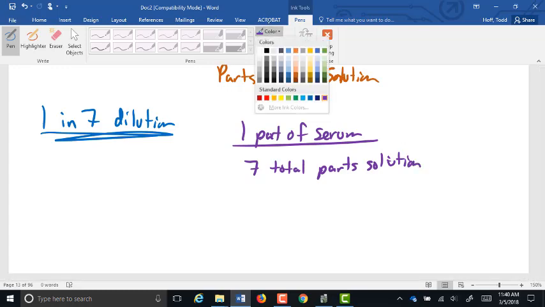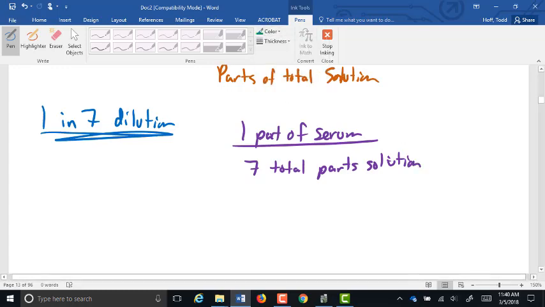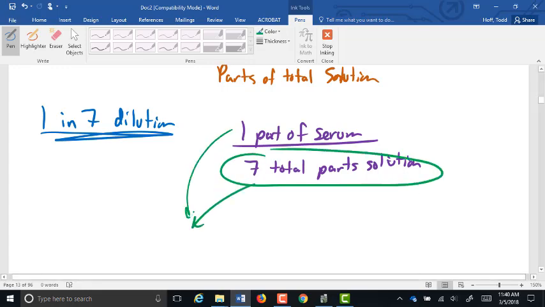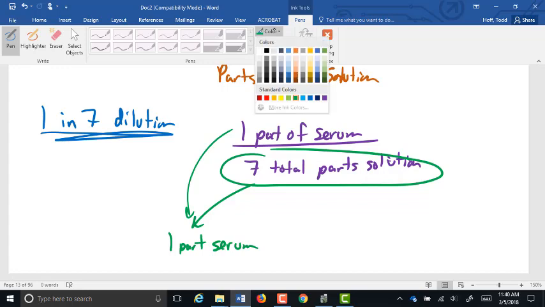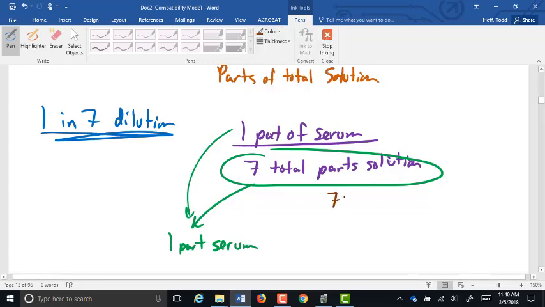So remember when we talked about our ratios earlier, we said a lot of these ratios have hidden pieces in them, and here's one of them. If there are 7 total parts, and one of those parts is serum, that leaves 7 minus 1, or 6 parts of something else.